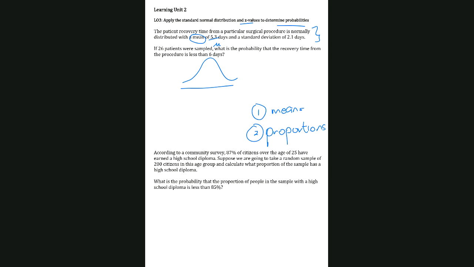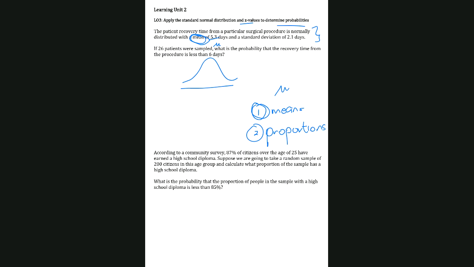And when they've given you the mean, it obviously signals that we're working with a standard normal distribution of a mean. And here they've said that it is 5.3 days. When they've given you the general figure, it is going to be the population mean, which is denoted by the symbol mu.